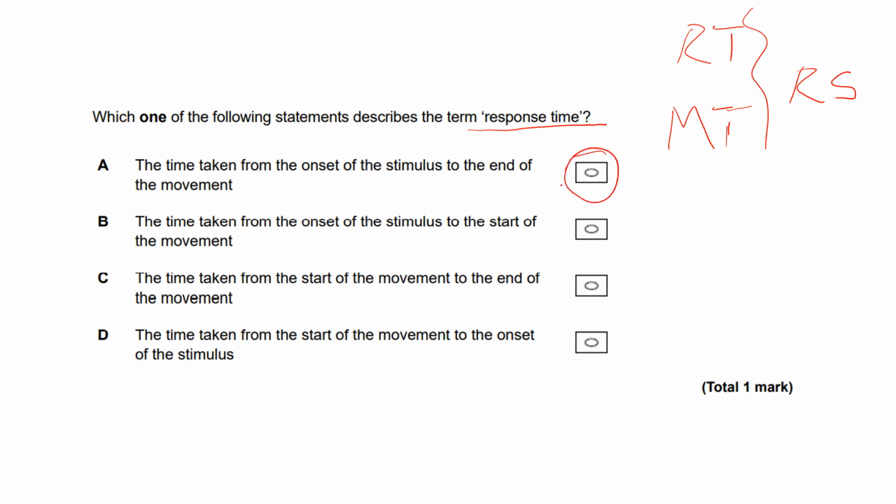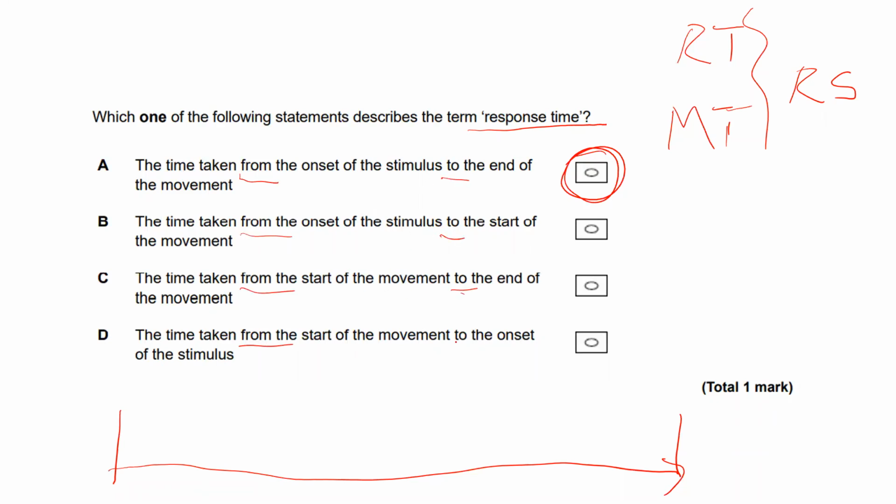You should have answer A, the time taken from the onset of the stimulus to the end of the movement. It's the full sequence of the movement or the event. So it's from, to, and they all have that. So whenever you're given a definition or a description here, for any of these three, that's what you've got to be thinking about, the two parts to it.